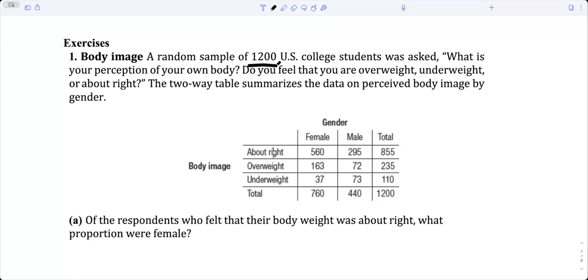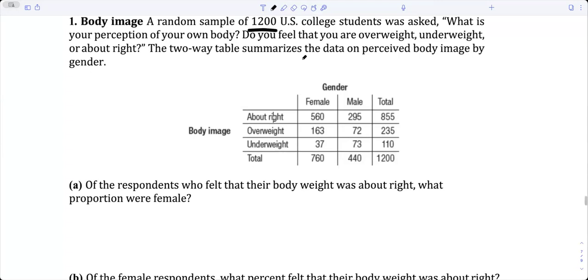So part A says, of the respondents who felt that their body weight was about right, what proportion were females? Okay, so we are looking at the about right, which is that right there. So the question asks, what proportion were females?